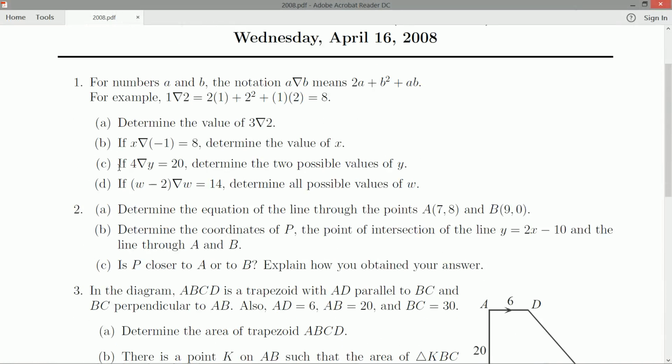And now C, if 4 triangle y is equal to 20, determine the 2 possible values for y. So why do we get 2 values for y as opposed to 1 value for x in the previous question? These are important things to think about, not necessarily when you're doing the contest, but just important things to see if you're making appropriate mathematical connections.